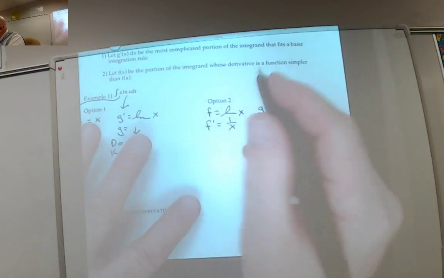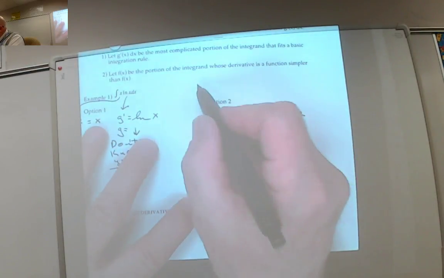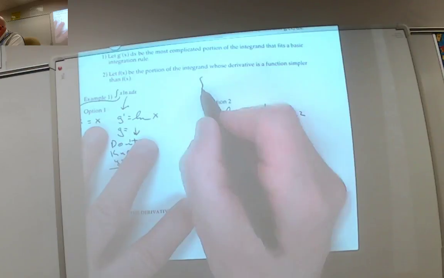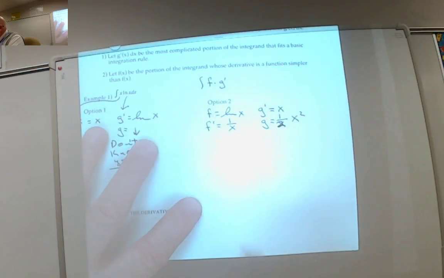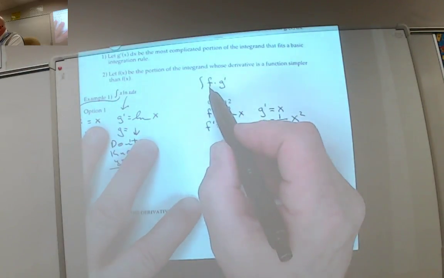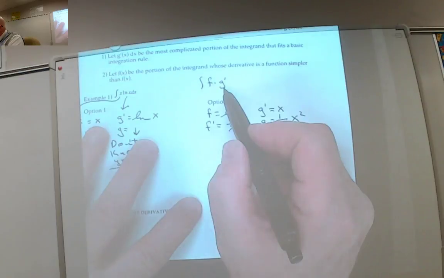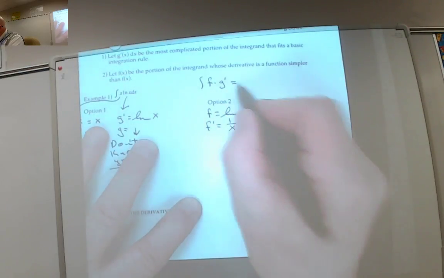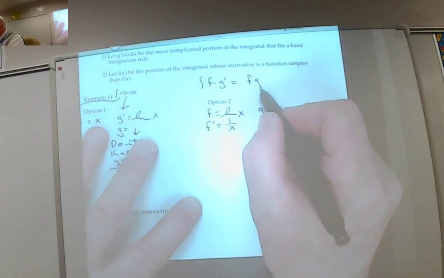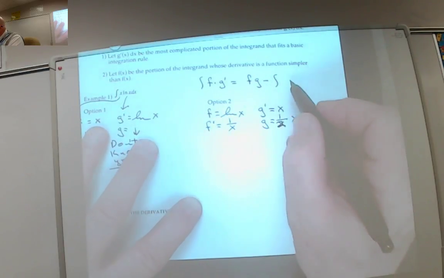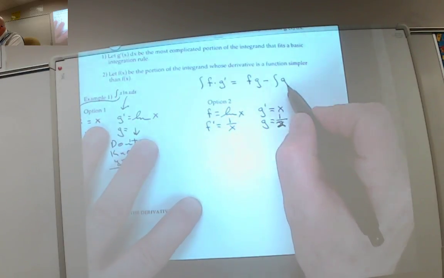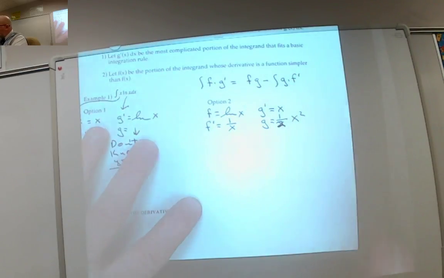So just as a reminder, the product rule says you're going to identify two functions that are being multiplied together. Let one be an antiderivative and the other one be a derivative. And then you're going to multiply f times g minus the integral of g times f prime. That's our process.